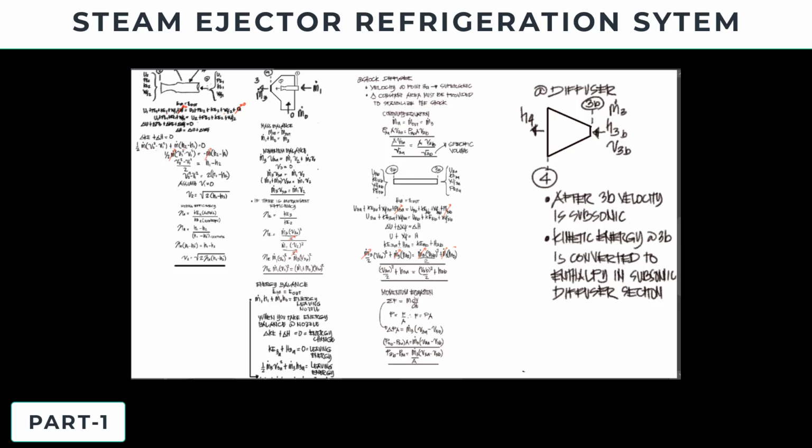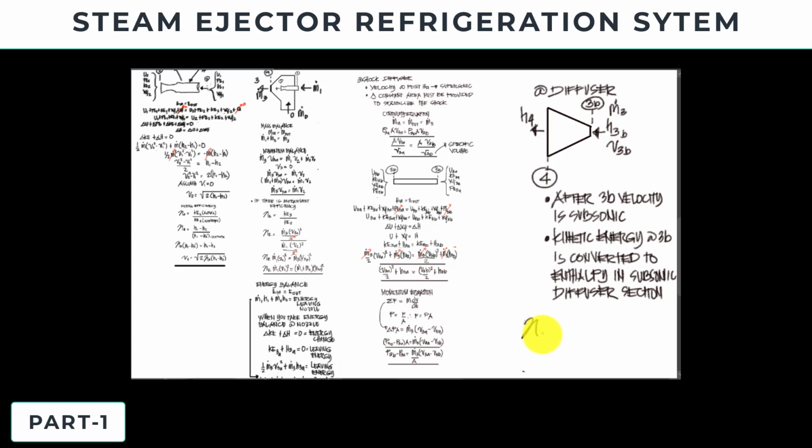Now, if the diffuser efficiency is given, we can express the efficiency in terms of the kinetic energy entering at point 3B and the kinetic energy leaving at point 4.